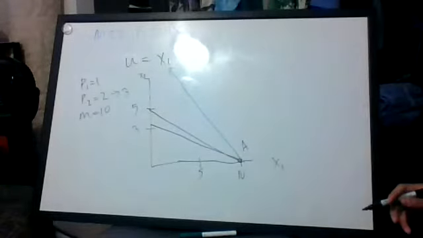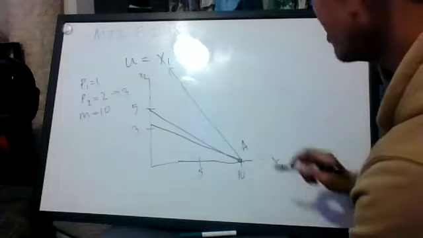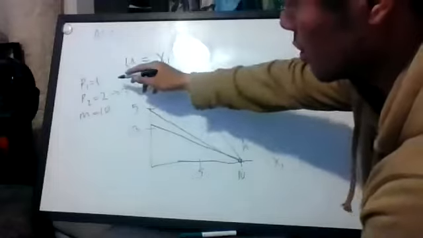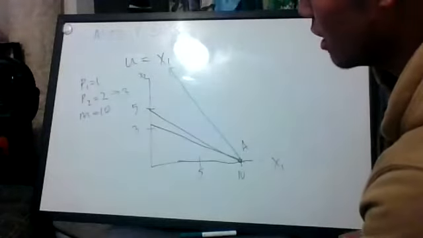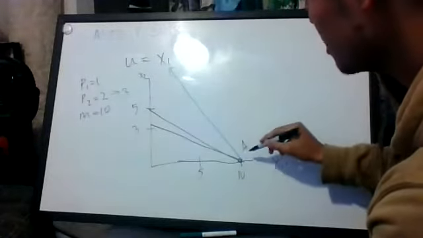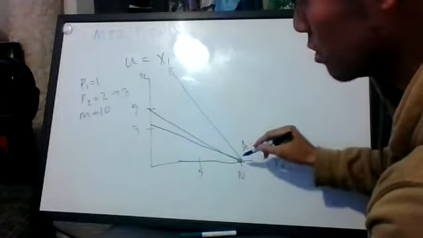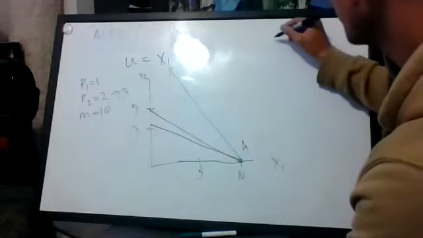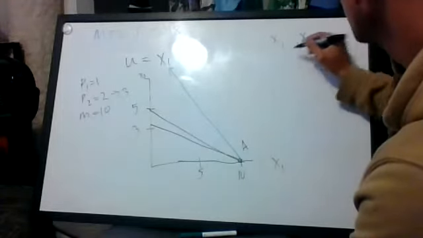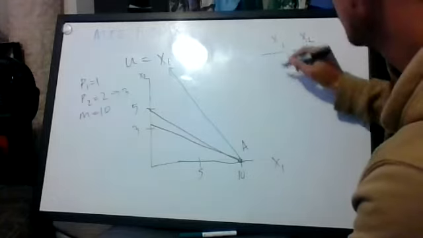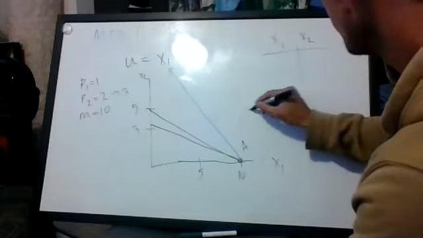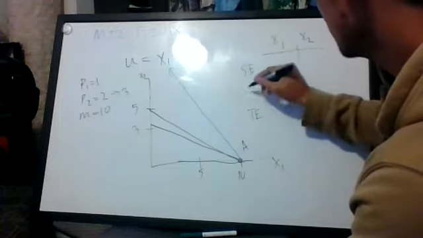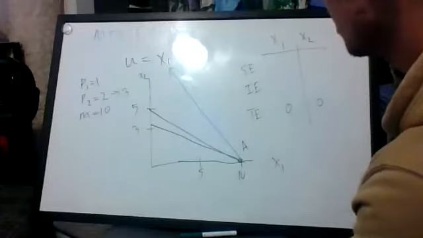And so what you're going to see is that we were already consuming all of good 1 to begin with. And that means that the total effect is that we're going to be consuming all of good 1 anyways at the very end, right? So if you were to chart this out, the total effect is going to be 0, right?